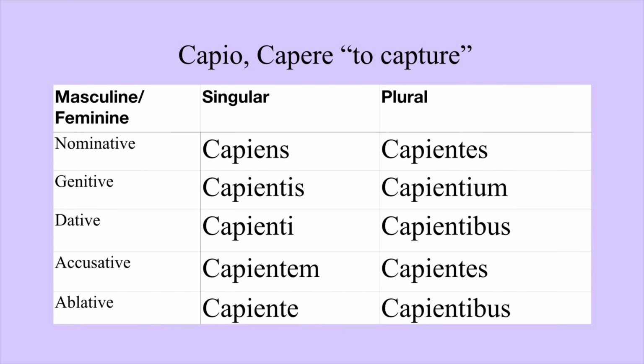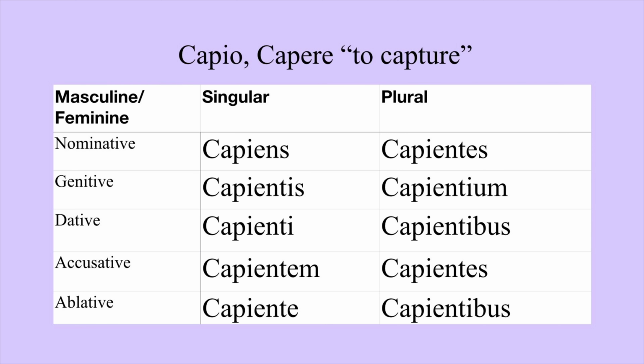Now here we'll look at capio, capere, our third -io or mixed conjugation. And here we notice that we are adding -ie to the stem, right? So instead of just taking the infinitive and cutting the -re off, we have to add that -ie. So capiens, capientis, capienti, capientem, capiente, capientes, capientium, capientibus, capientes, capientibus, right?